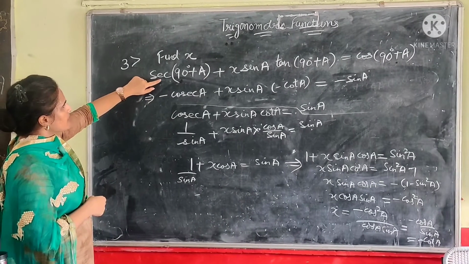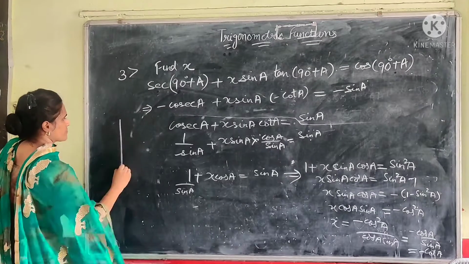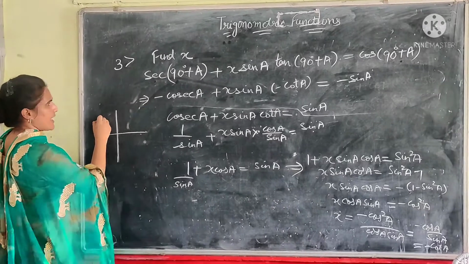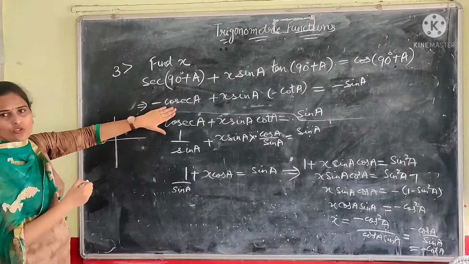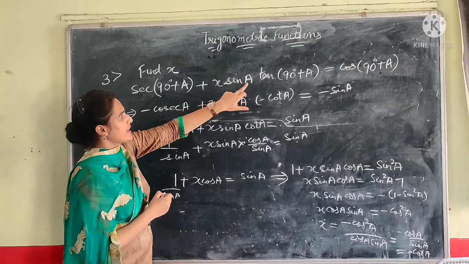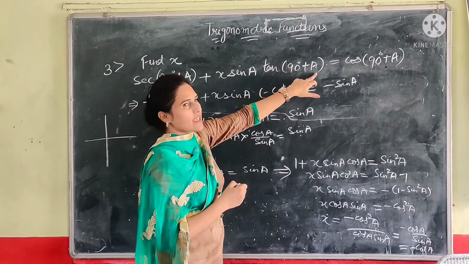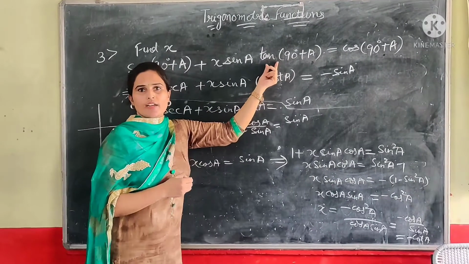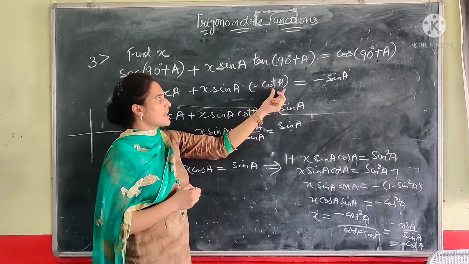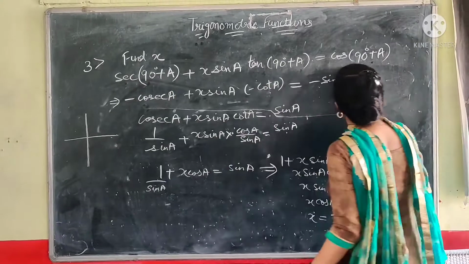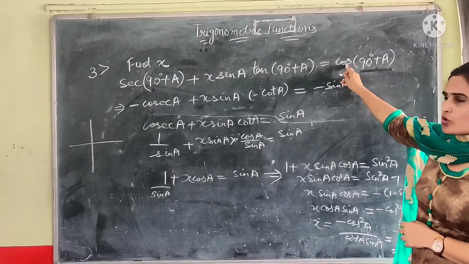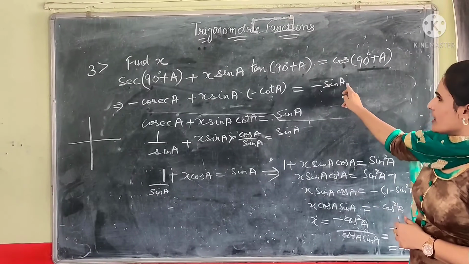So secant of, now in the second quadrant secant is negative, so minus of secant, changed into cosecant for 90 degrees, so minus cosecant of a, plus x sin a and tan of 90 plus a, and in the second quadrant tan is again negative and tan is changed into cot, minus cot a, is equal to, again in the second quadrant cos is negative, so cos is changed into sin, minus sin a.